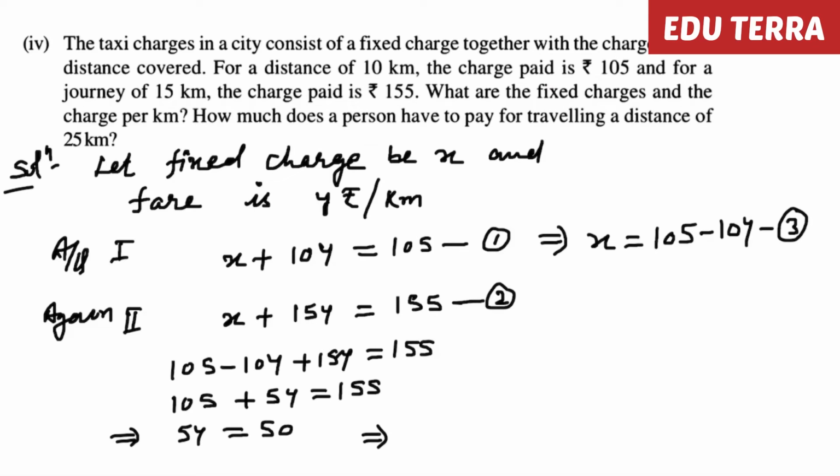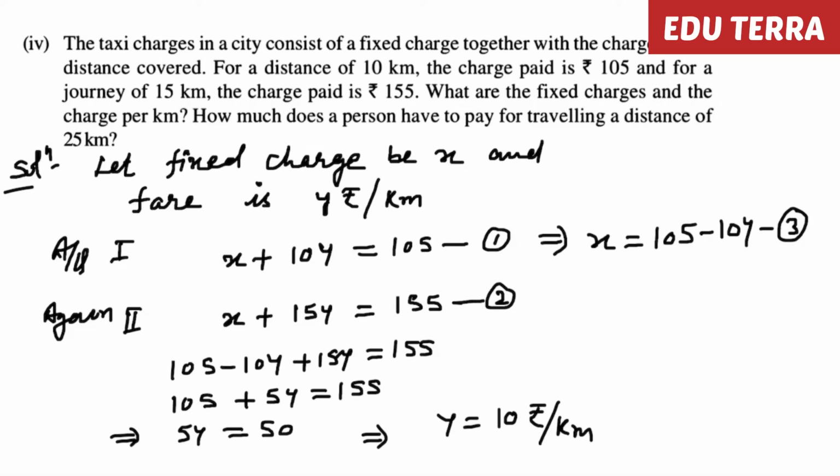This implies that y equals 50 by 5, 10. So what is y? Fare, rupees per kilometer. It means the fare is 10 rupees per kilometer.